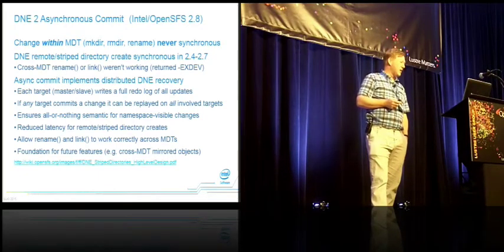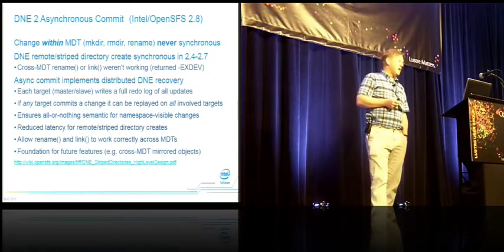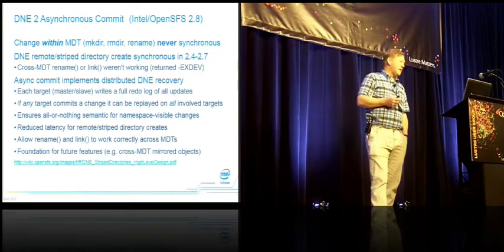The asynchronous commit provides a distributed recovery mechanism, and it's essentially write-ahead logging in the sense that each server that's involved in a distributed transaction holds a full copy of all the changes that are being made to the metadata server.